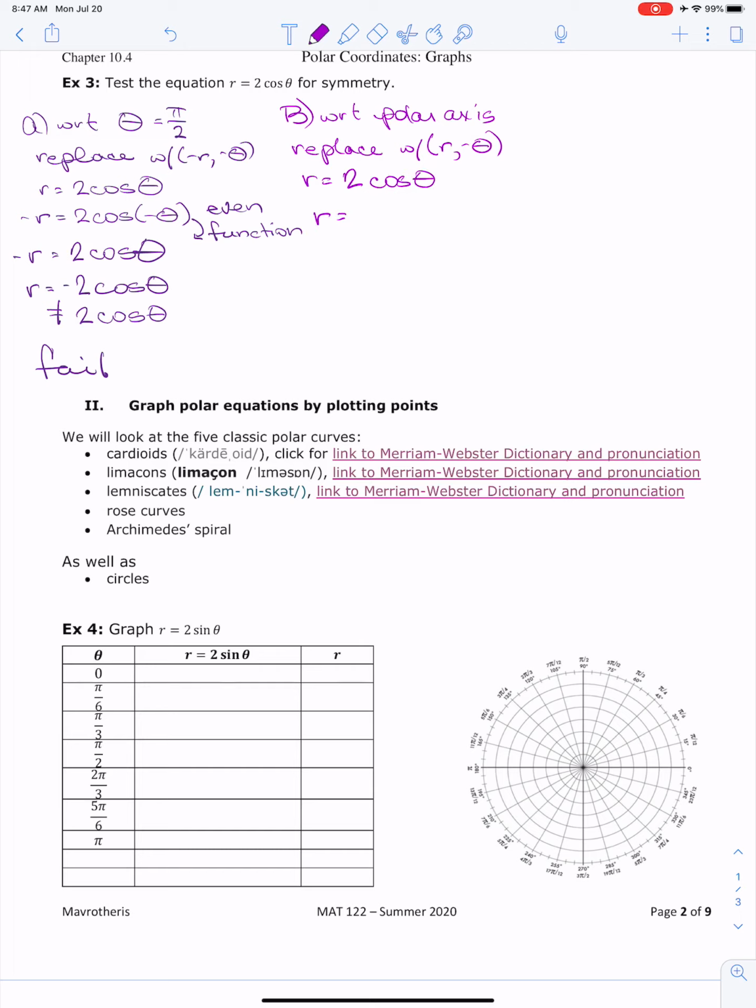I get r equals 2 cosine negative theta. Again, because cosine is an even function, I know that equals 2 cosine, yes, positive theta. So this is symmetric with respect to the polar axis, that horizontal axis.